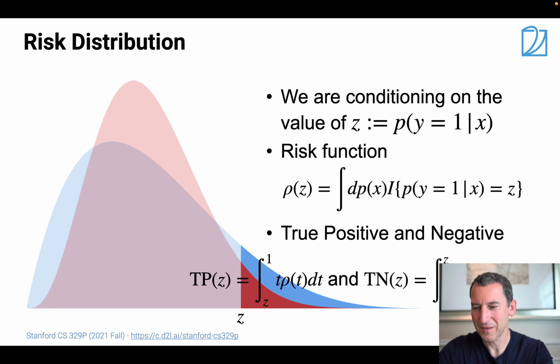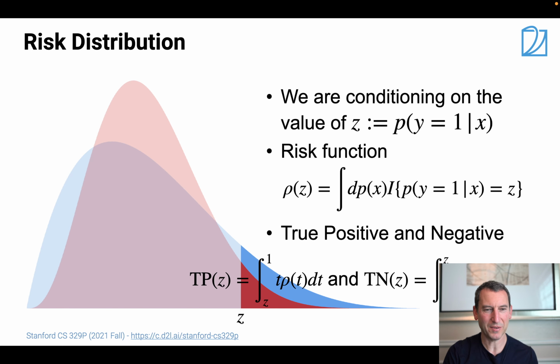So let's just recall the risk distribution case. In this case, we are conditioning on the value of z, which is p of y equals 1 given x, right? So that's like, if y equals 1 means has contraband, then this is basically what we do. Now, the risk function rho of z is just integrating over the distribution of x's.